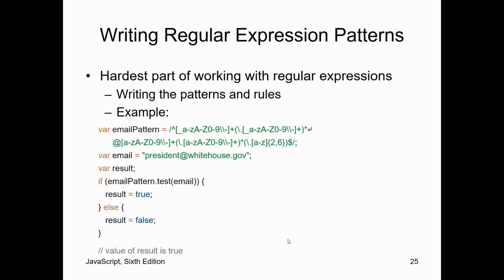What you see under email pattern is kind of what you think it would be. In other words, you're saying you got some numbers or letters or special characters followed by an @ sign, followed by some more numbers or letters, followed by a period, followed by 2 to 6 letters.